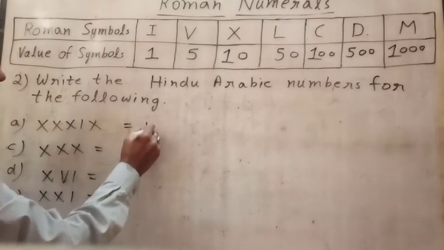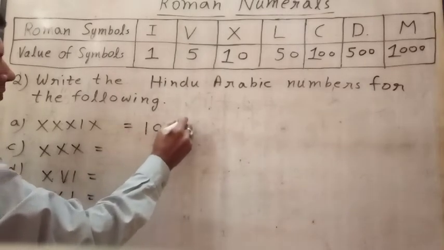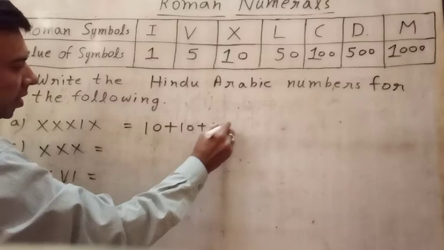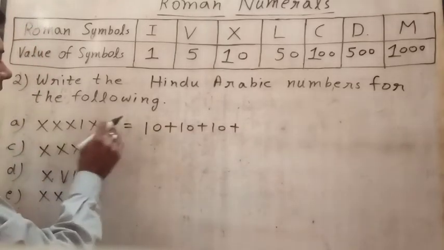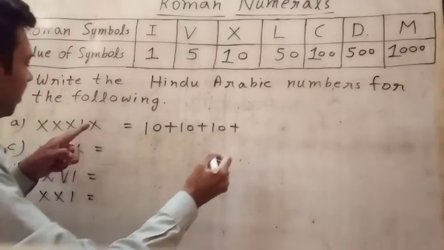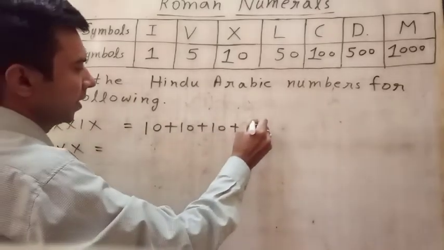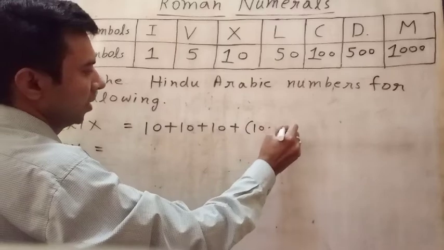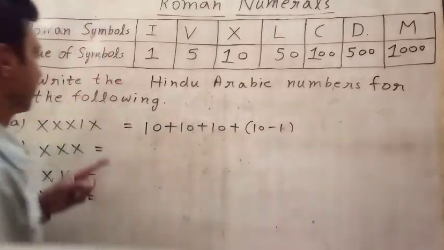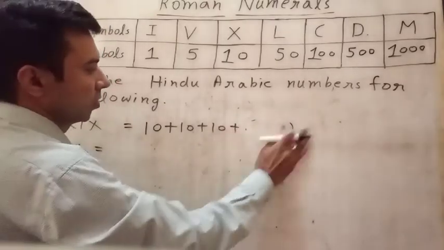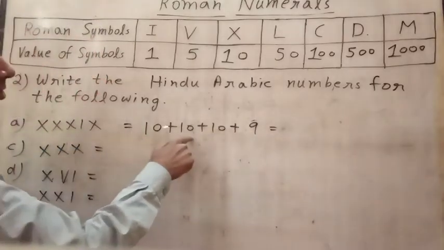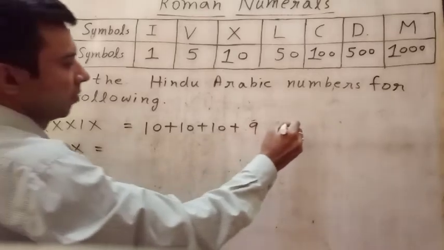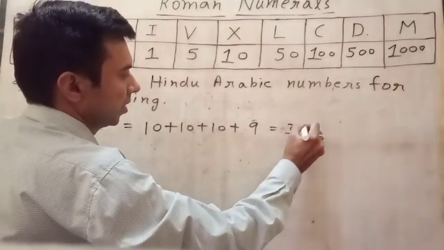So what is the value? 10 plus 10 plus 10 plus IX. See here, 10 minus 1, 9. Clear? So students, here, add it. 10, 10, 20, 10, 30 plus 9, 39.